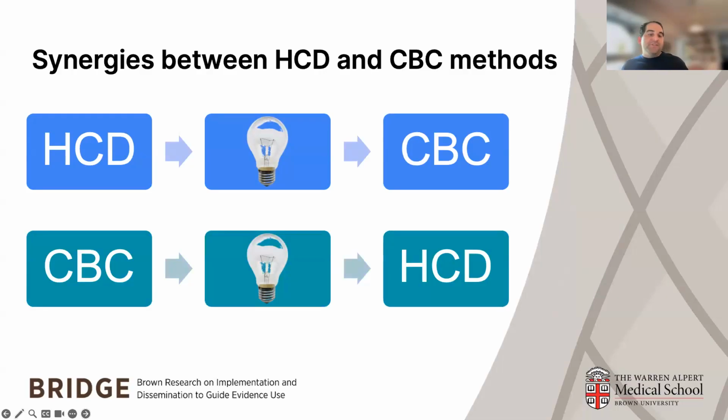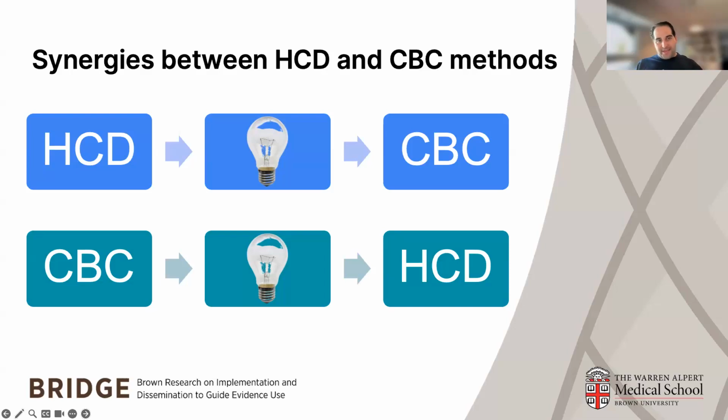Alternatively, we could use an approach where we're using choice-based conjoint methods to identify preferences for hypothetical services or interventions or strategies and use a human-centered design process at the end of that to help us refine and specify some of these prioritized strategies or interventions.